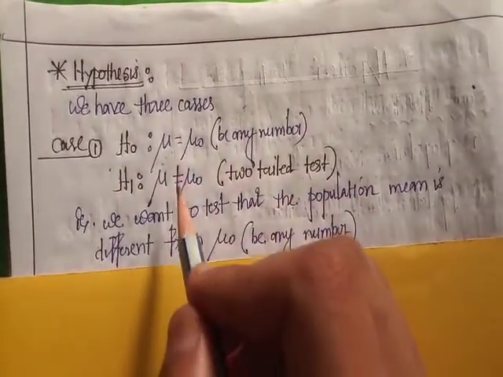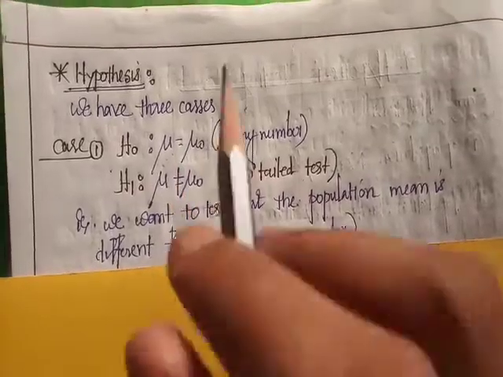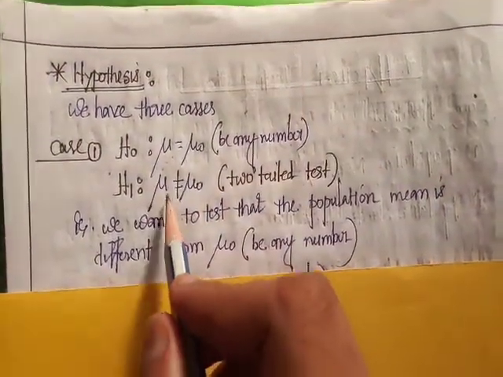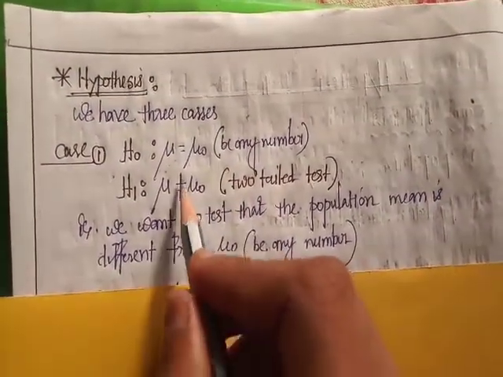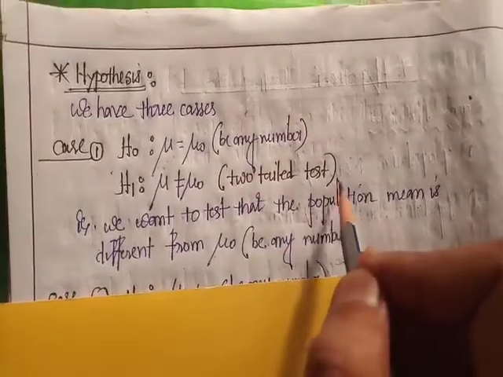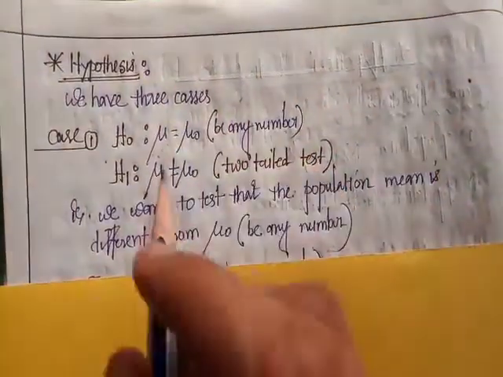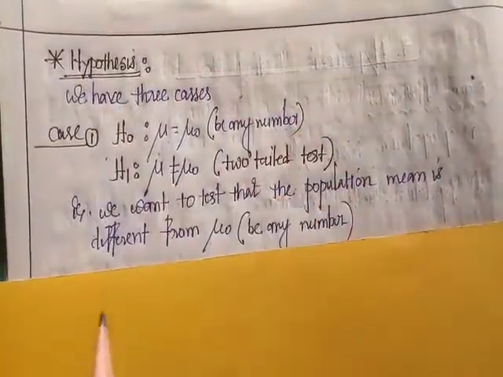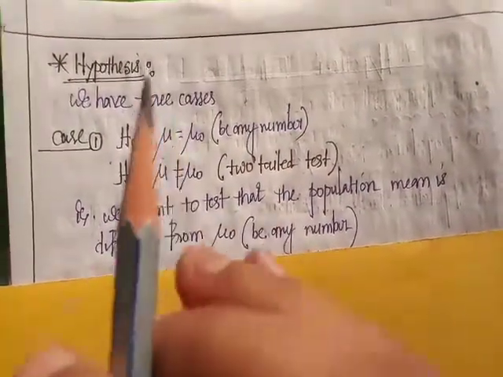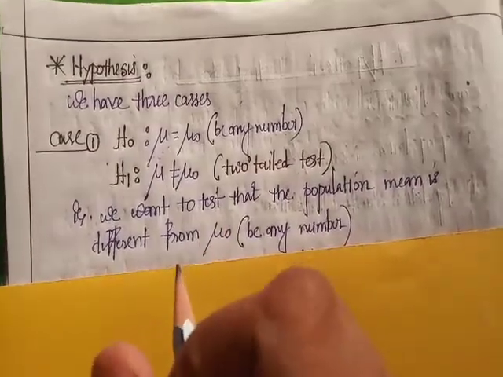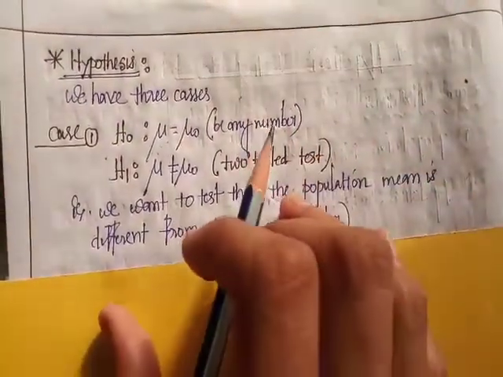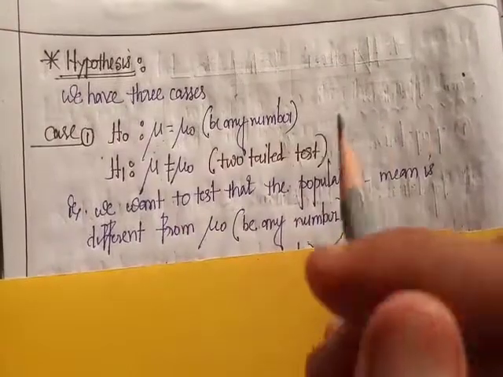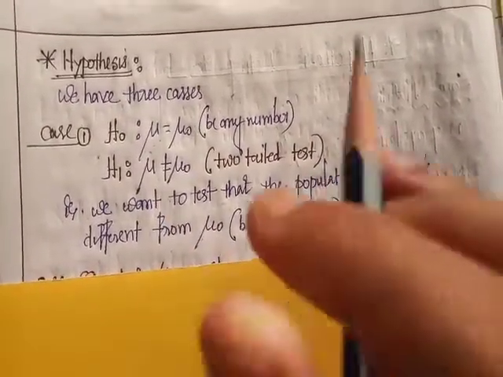This is called two-tailed test. That is, we want to test whether the population mean is different from mu naught or not.